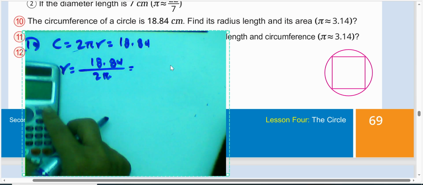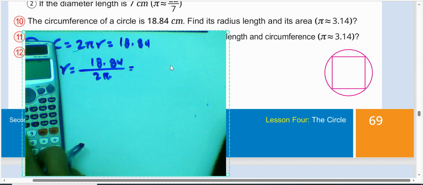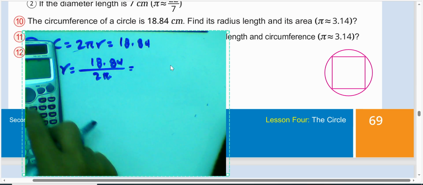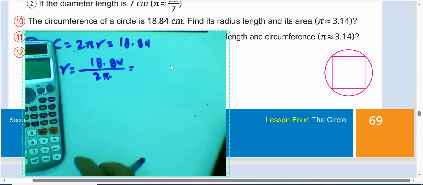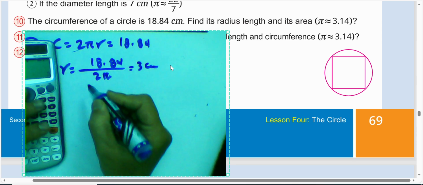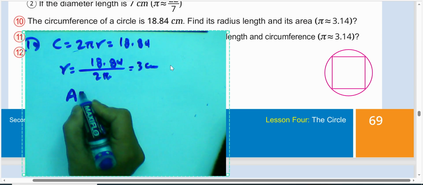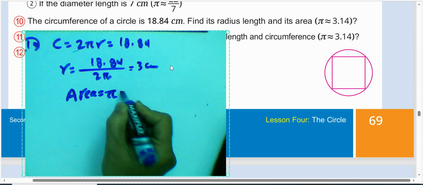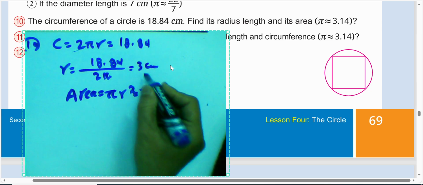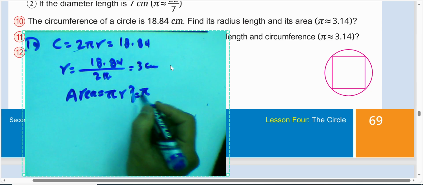Because they give me the circumference, I want to find the radius. We can use a calculator here, right? 18.84 over 2 times 3.14. The result will be 3 centimeters, which is the radius. Then we can find the area, which is pi times radius power 2. The radius is 3, 3 power 2 is 9.